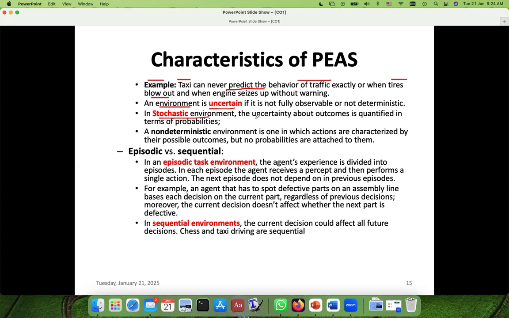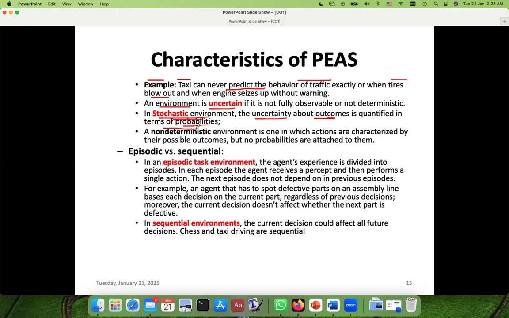And the uncertainty about the next outcomes, you will calculate these outcomes or next states through probability values. So if your agent is calculating some probability values, then you will say that it is a probabilistic model, that your agent is a probabilistic agent. We will see different types of agents.